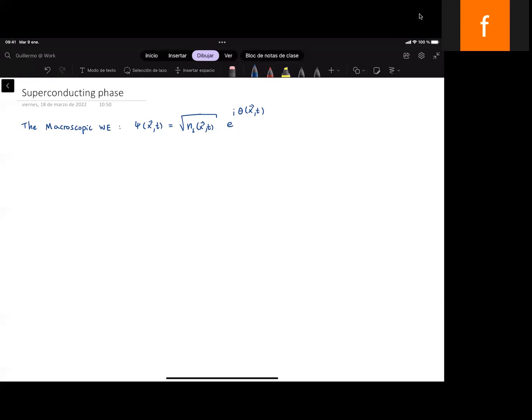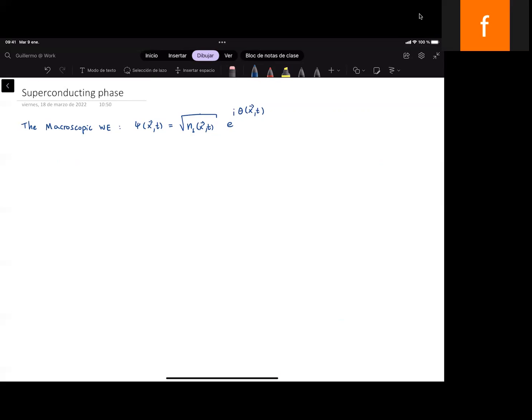And the reason for that is that superconductors approach charge neutrality, okay? And because you have charge neutrality, it means that the electrons should be distributed along the sample, such that they will cancel any charge of the ions in the lattice.